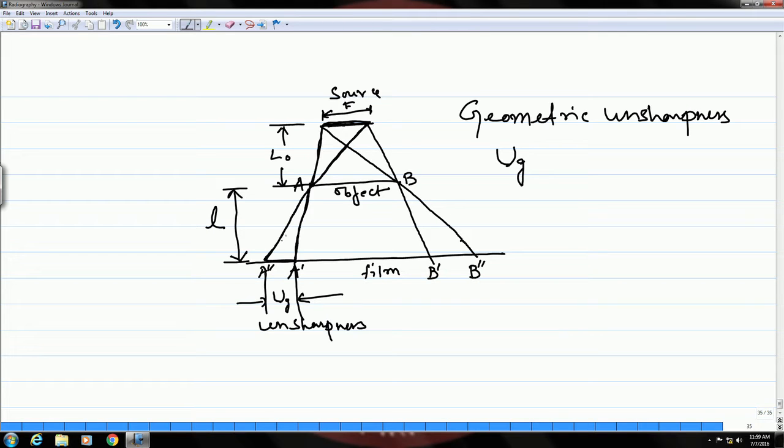So, now if you apply the triangle rule here for these two particular triangles, then you have base by the height of the first triangle will be equal to the base, which is f for the second triangle, by the height, which is L naught. Okay. So, from here you get an expression for UG. So, this depends on these 3 parameters.